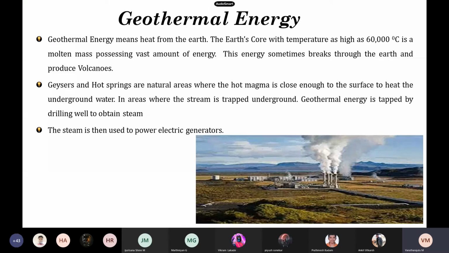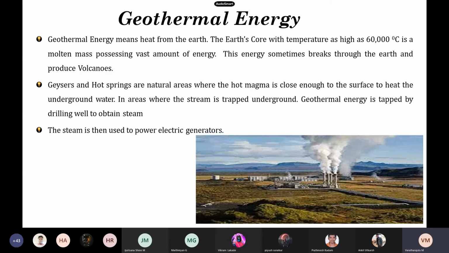Only the thin outer shell is solidified rock, around 15 to 150 kilometers thick. The temperature at the center is enormous, and we can utilize that heat source, so we tried geothermal energy. Geothermal means heat from the earth.